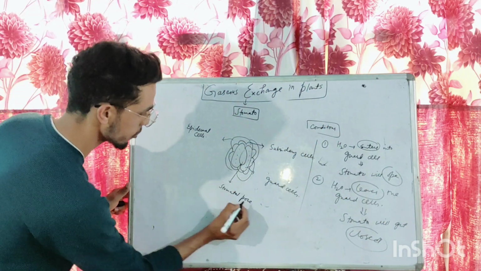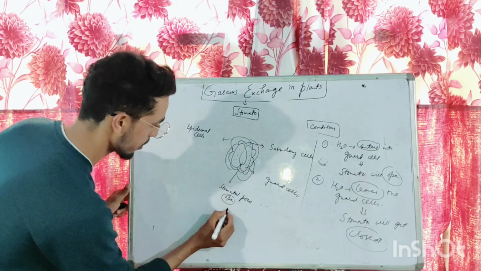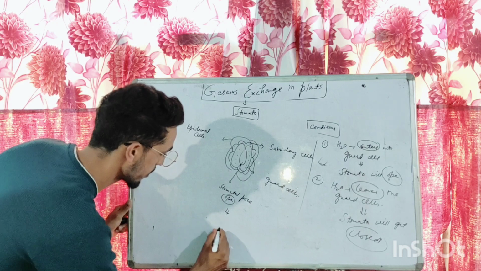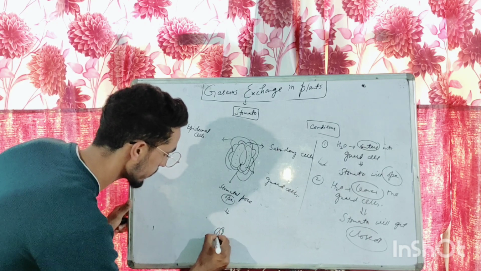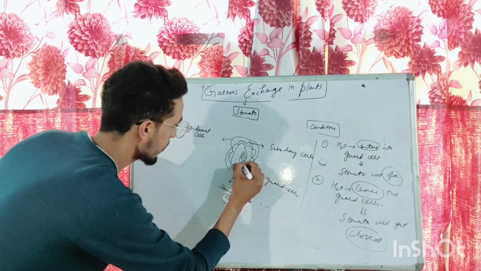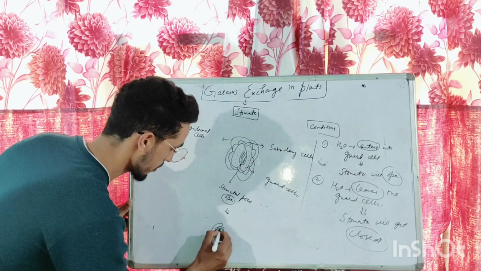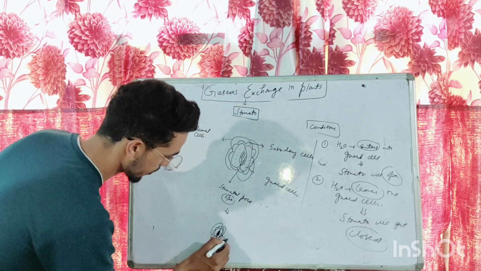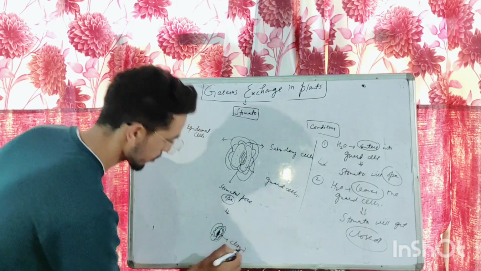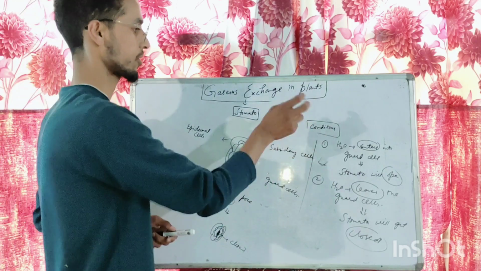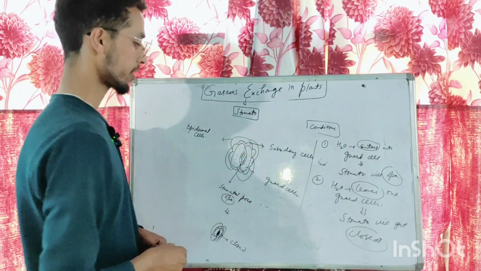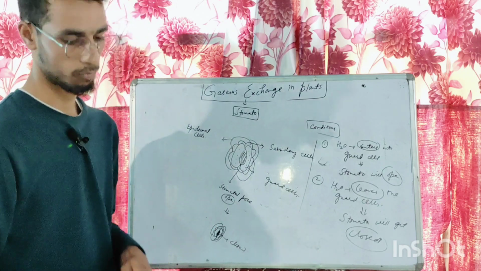If this is an open stomatal pore, then we can draw another one a little smaller, which is the closed stomatal pore. These are the epidermal cells. So these are the two conditions required for stomata, where water can be regulated by just opening and closing the stomatal pore. Thanks.